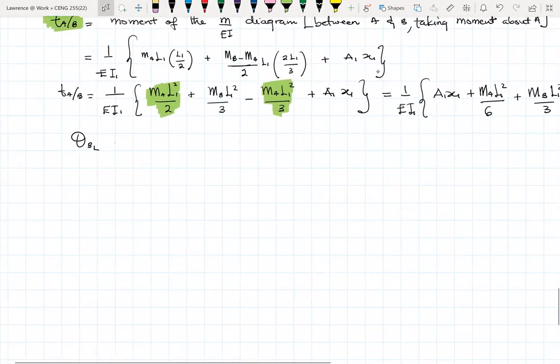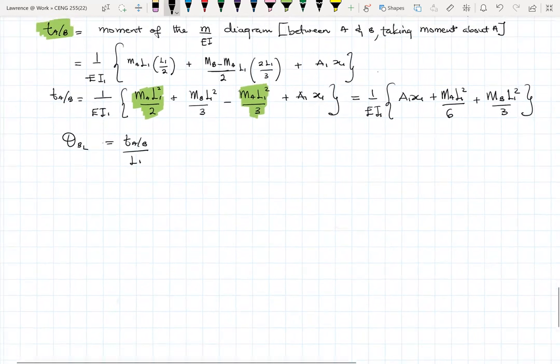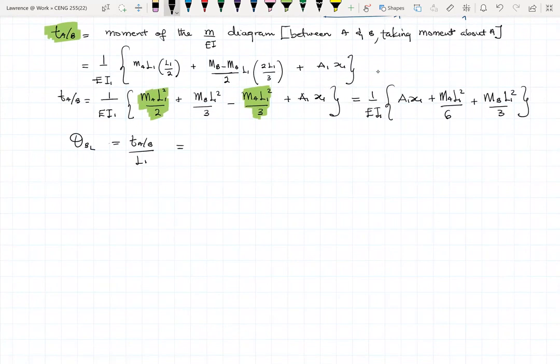And theta BL is the same as TAB over L1, so pretty much dividing everything through by L1. Okay, so that's the idea.